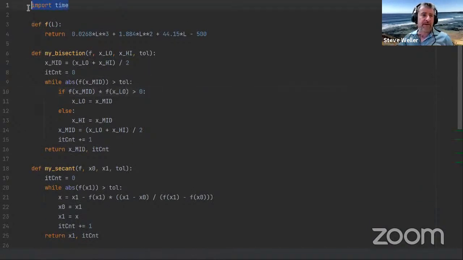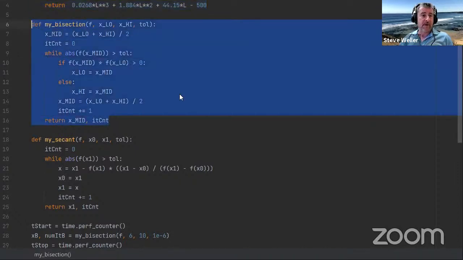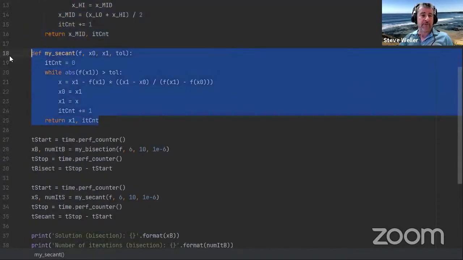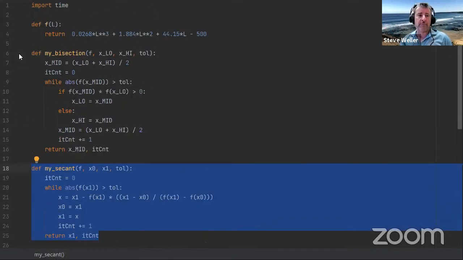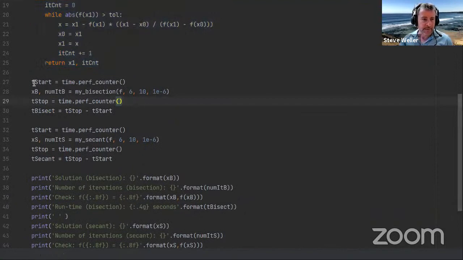We import the time function because we're going to do some code timing. We then define the function of interest that we want to find the solution to. We then define the my bisection and my secant algorithms. These are exactly the code that you've seen on previous slides. So we're 25 lines in, and all the code we've seen before. Here's where the action happens.